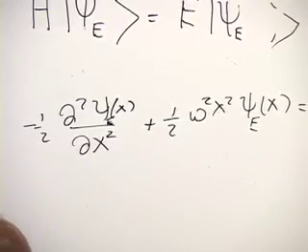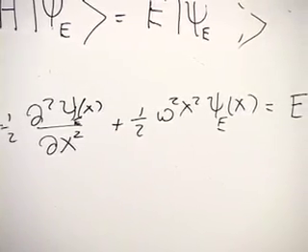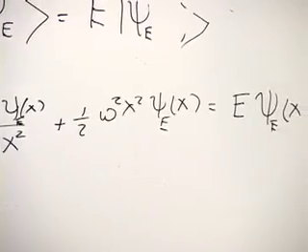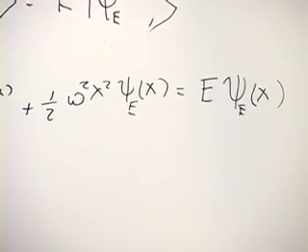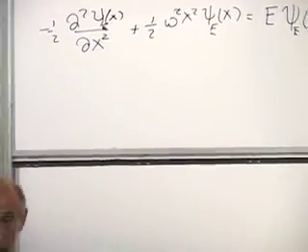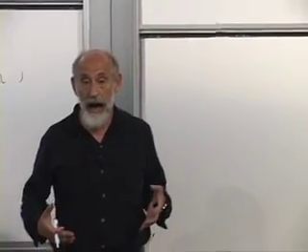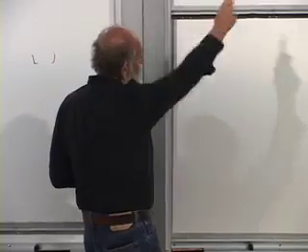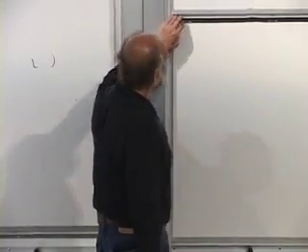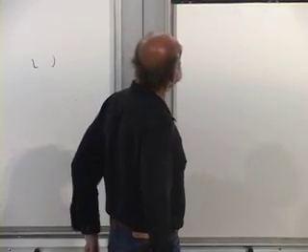Okay. Now, first of all, why would it be that not every value of E is a possible energy eigenvalue? You can solve this equation for any value of E. Okay? But let's see, shall we?